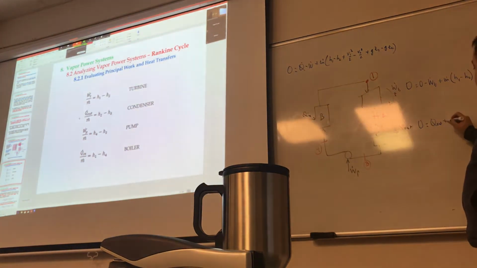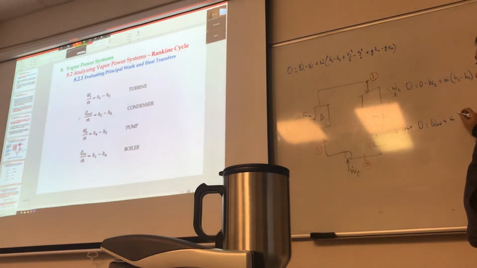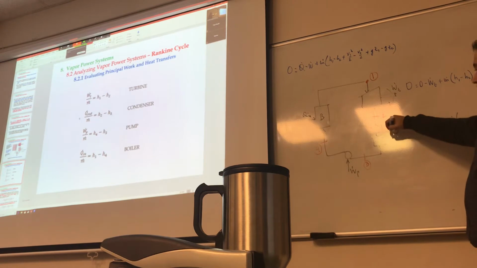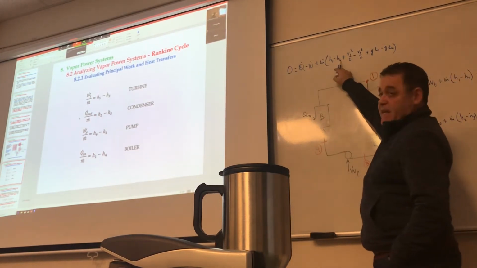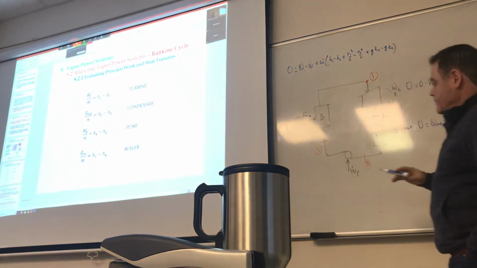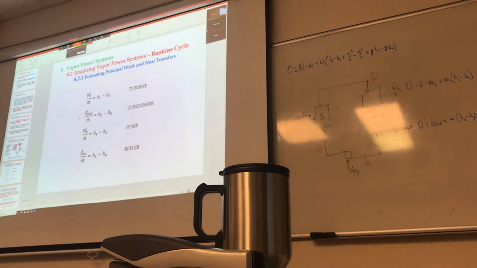No work. Plus m dot times H inlet minus H exit, so it should be H2 minus H3. I should have called this inlet, exit, right?